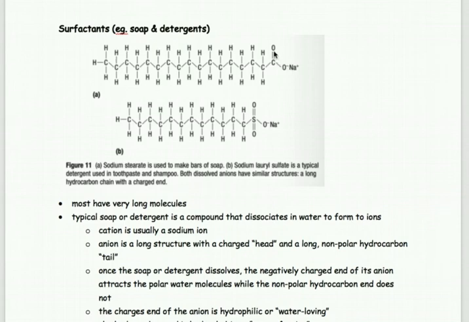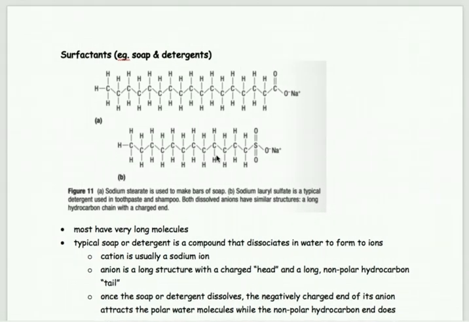But then you see that oxygen coming off, so this end will be polar. Surfactants are soaps, detergents and so forth. The neat thing about these is that they exhibit both polar and nonpolar properties.